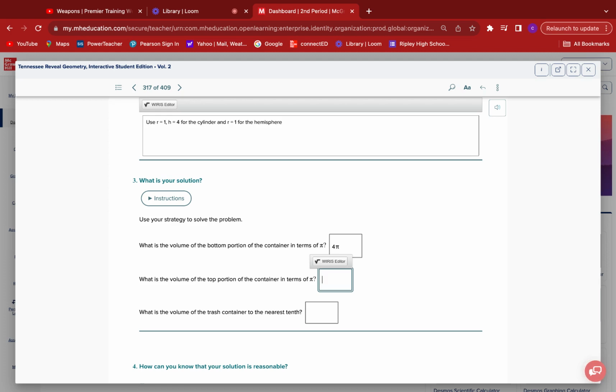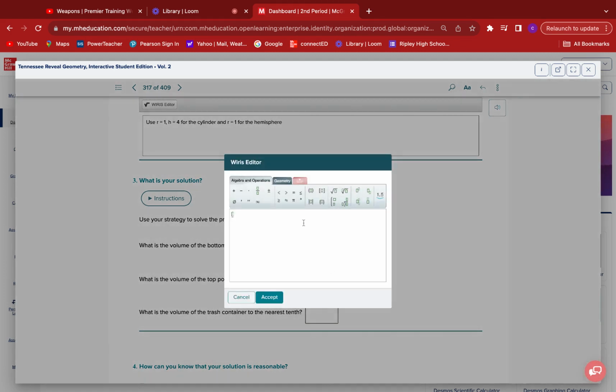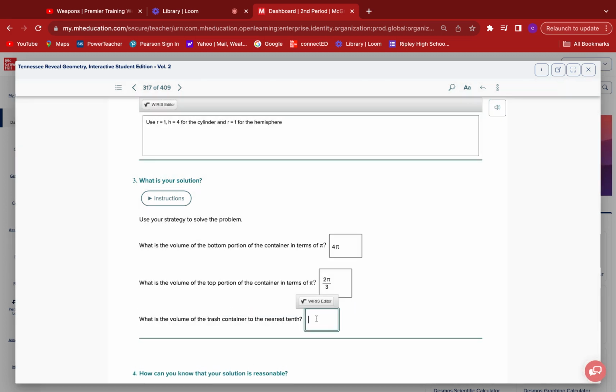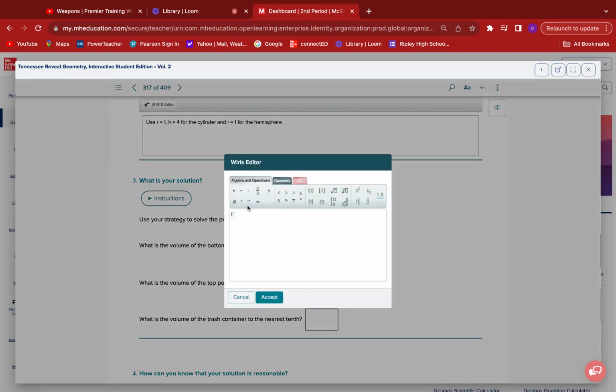Times 2/3 will be 2/3 pi. Okay, add them together. So 4 pi plus 2/3 pi is going to be 14/3 pi.